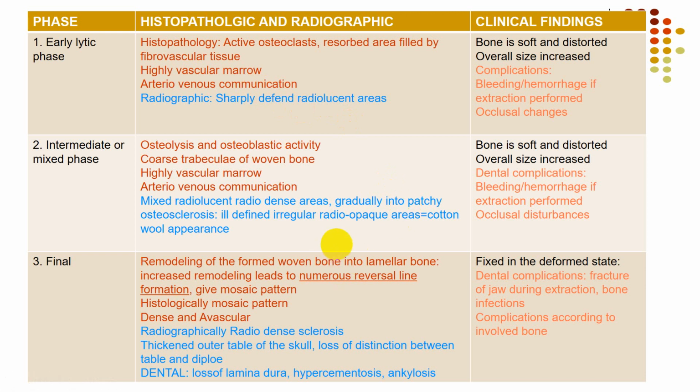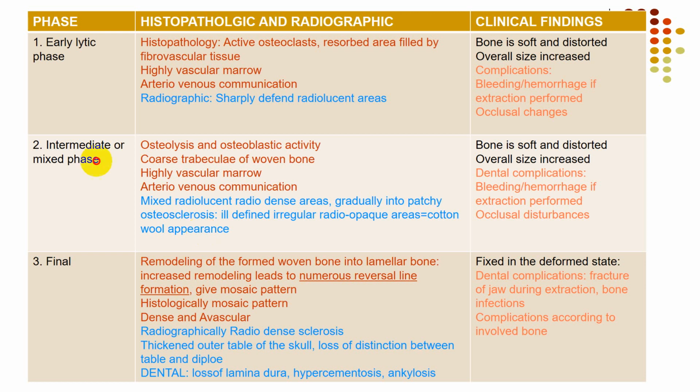Ill-defined, like a patch, giving you the cotton wool appearance. Like fluffy cotton, irregular and with ill-defined margins. The same idea applies in the second phase, because now I have mixed radiolucent and radio-opaque areas together, osteoclastic activity with osteoblastic activity.